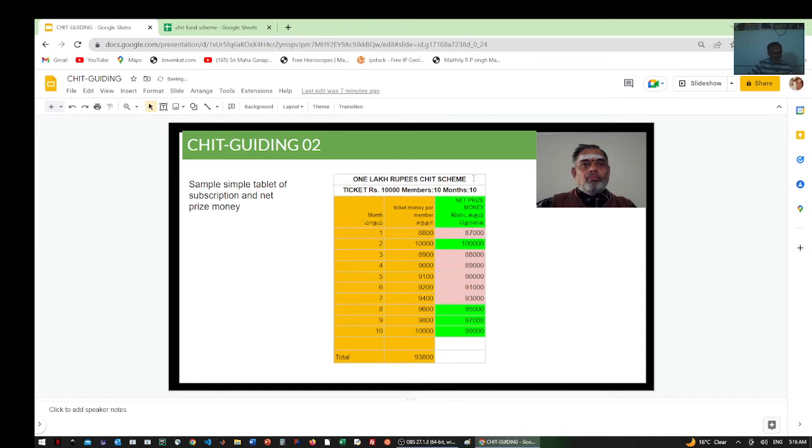This is for a 1 lakh rupees chit fund scheme, a Kulukal chit, that is lottery chit. Ticket is 10,000 rupees per month. Members equal 10, months equal 10. Let us list out the months 1 to 10 and the ticket money or chanda: first month 8,800 rupees, second month 10,000 rupees, as the second month bidding is going to the agent or foreman himself.